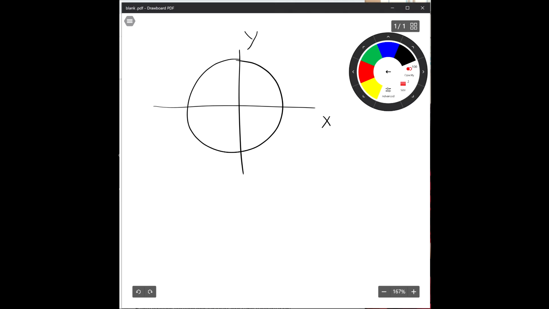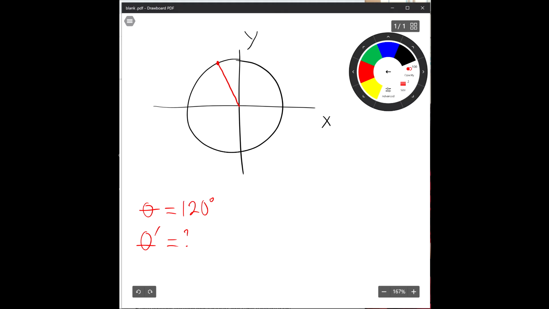Let's say this time our original angle is 120 degrees. What is the reference angle? First, we will try to draw 120 degrees on the unit circle. We know right here is 90 degrees, so 120 degrees will be somewhere right here.